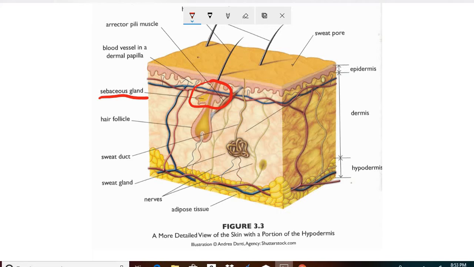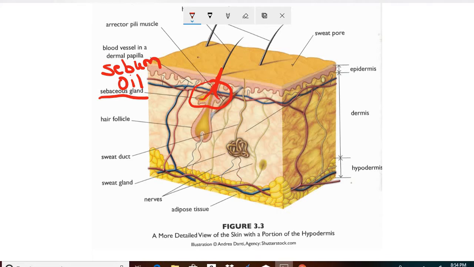So here's the sebaceous gland, and the gland empties into the hair follicle, and they secrete this oil then onto the skin. The oil that they secrete is called sebum, S-E-B-U-M. So that's the oil from a sebaceous gland.